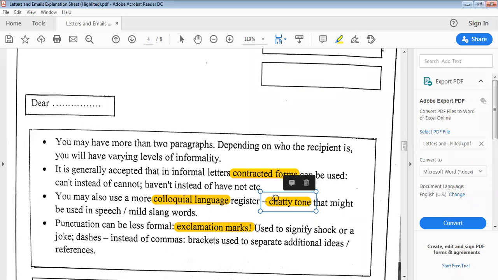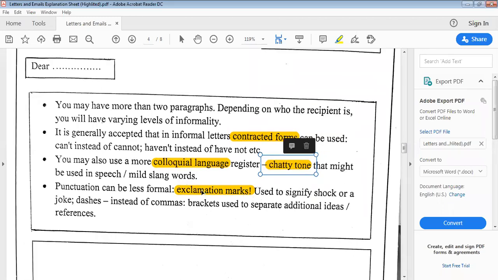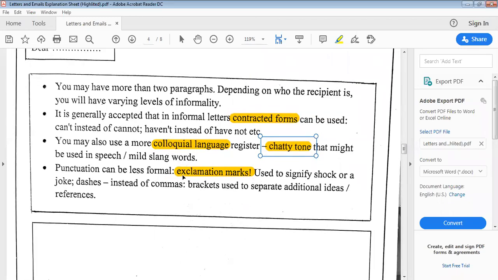You use the chatty tone. Punctuation can be less formal. This means I can use a lot of exclamation marks, of course, to show if I'm excited, if I'm happy, if I'm shocked, things like that, okay? In informal types of writing, we use exclamation marks, okay?